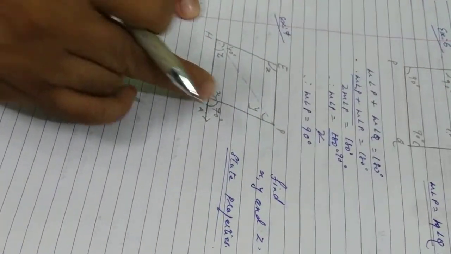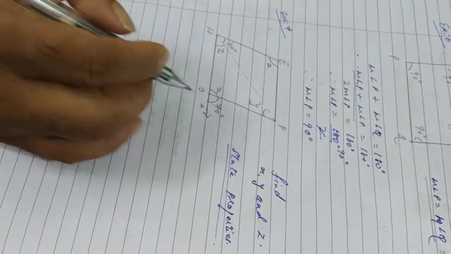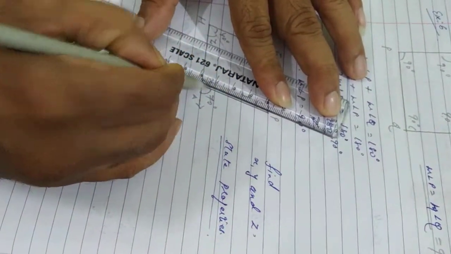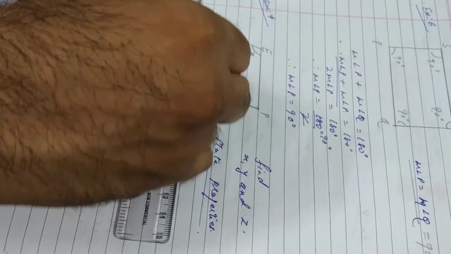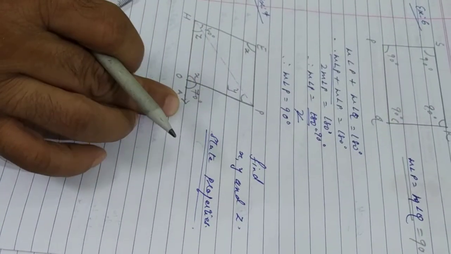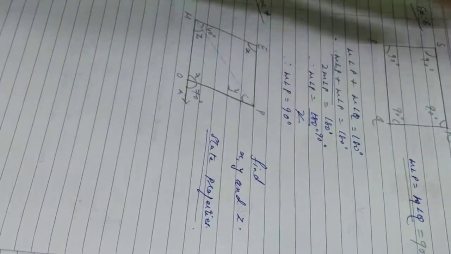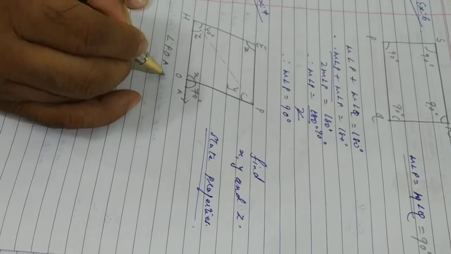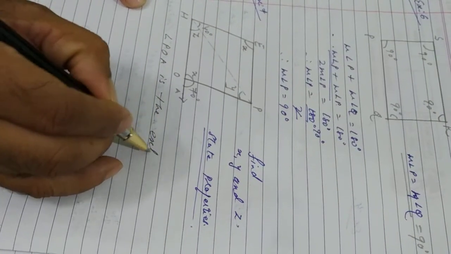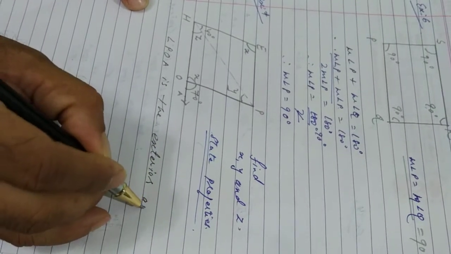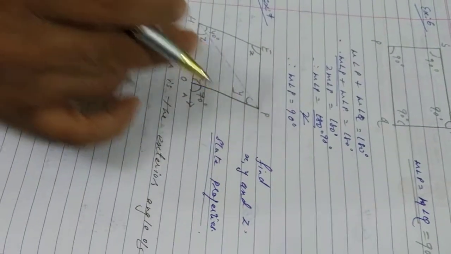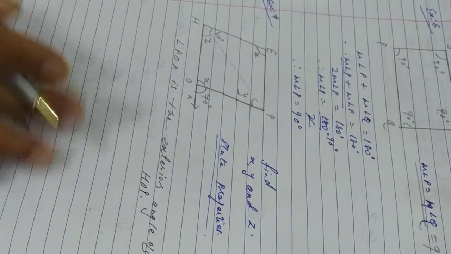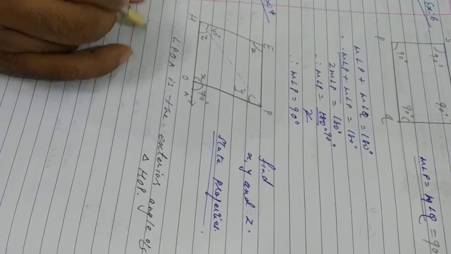Now suppose angle POA. Angle POA is an exterior angle of triangle HOP, right?